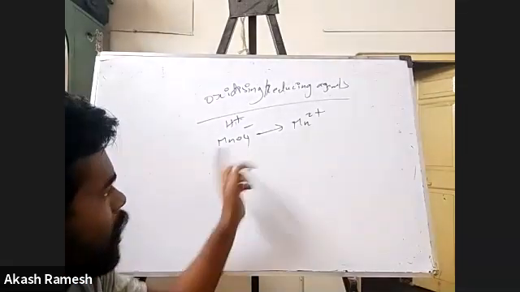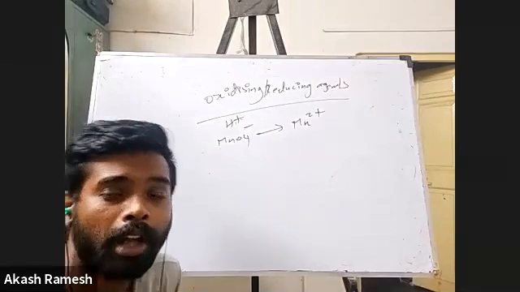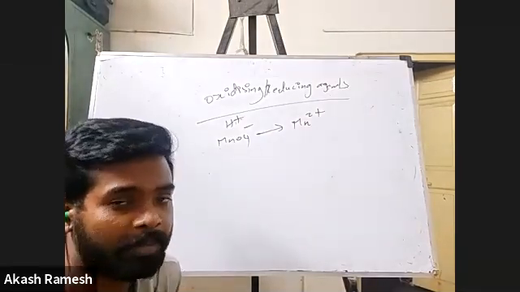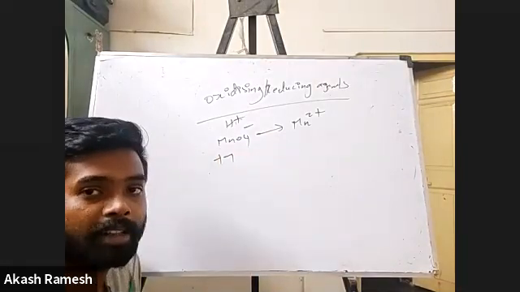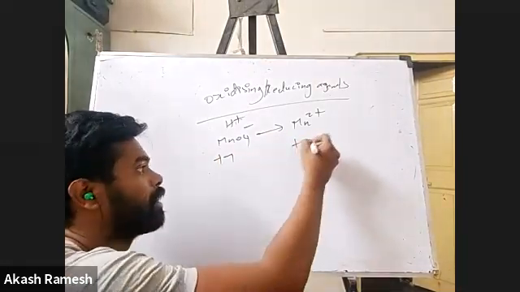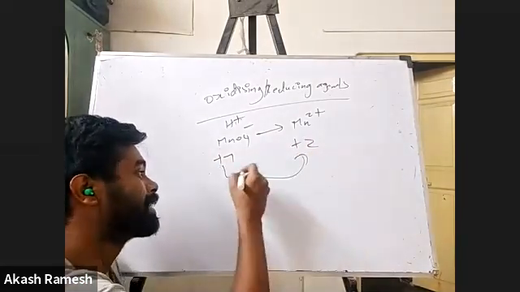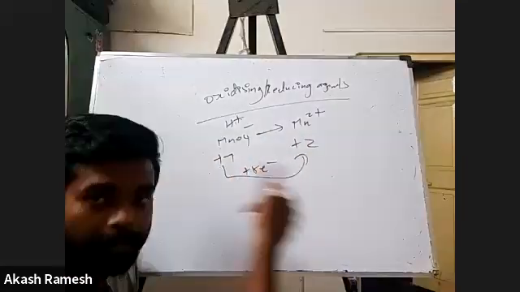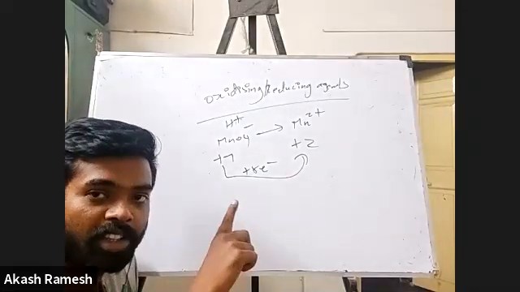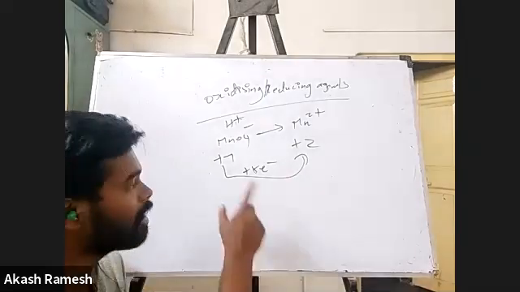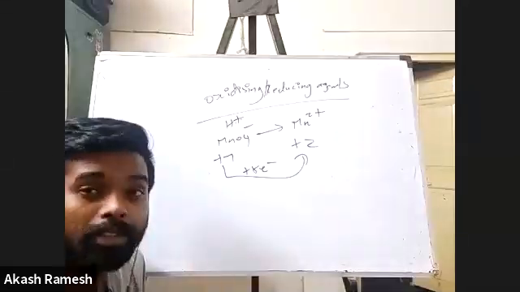You can easily calculate the oxidation number here, because you would have done oxidation numbers even in your coordination compounds chapter. You will find that the oxidation number is +7, and here the oxidation number is +2. So you see there is a gain of 5 electrons. Obviously, reduction is addition of electrons. This is an oxidizing agent, and it has to undergo reduction by accepting 5 electrons.